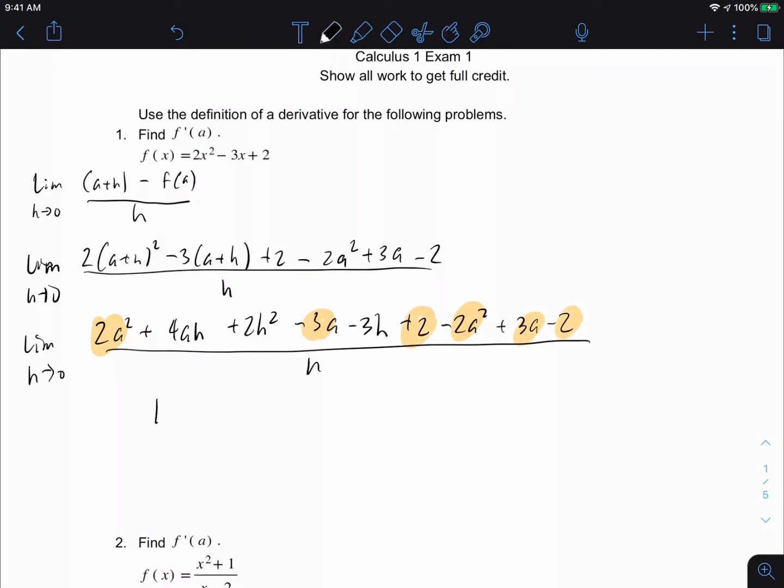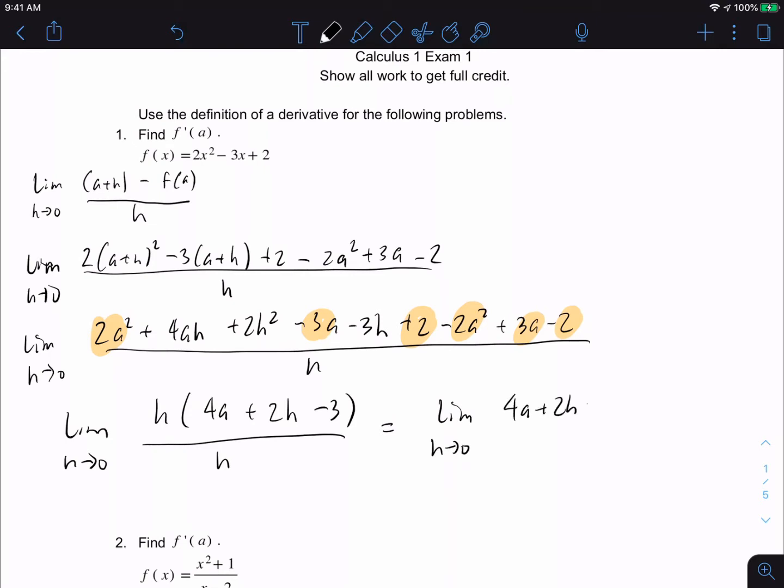And so I'm going to even pull out h. So I'm going to get 4a plus 2h minus 3 all over h, which is going to give me the limit as h goes to 0 of 4a plus 2h minus 3, which is 4a minus 3. Cool beans?